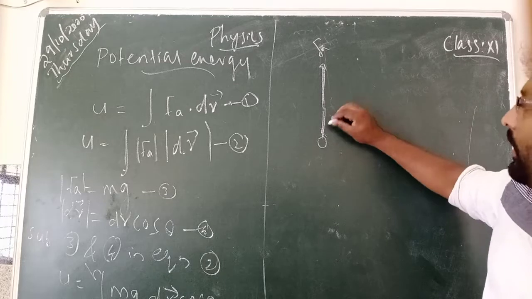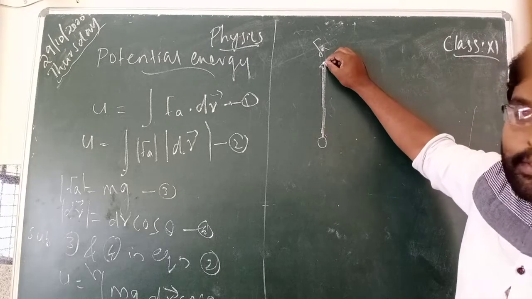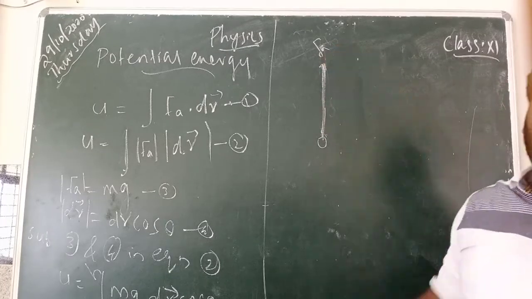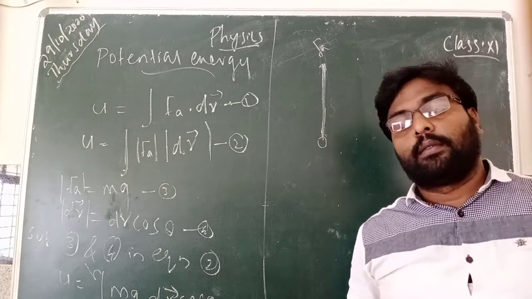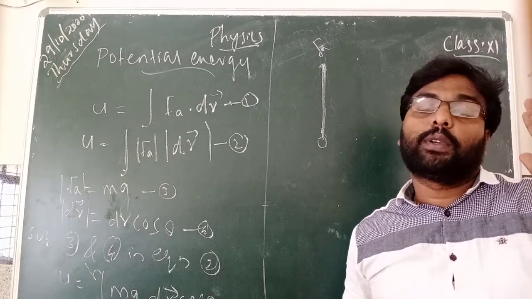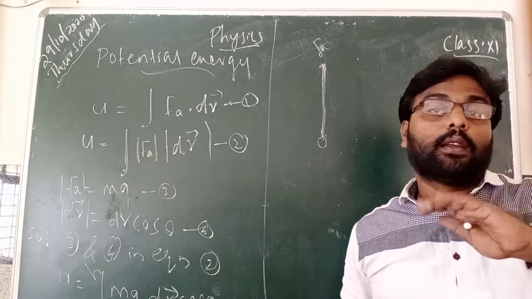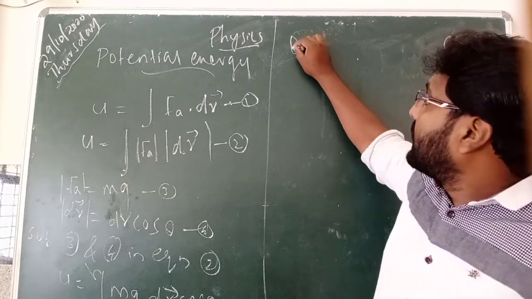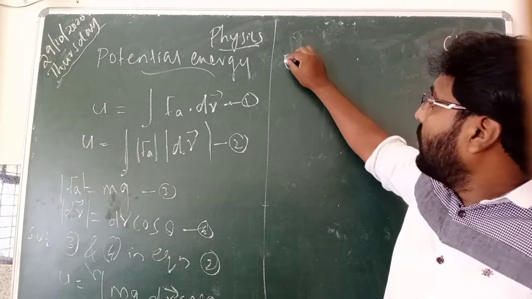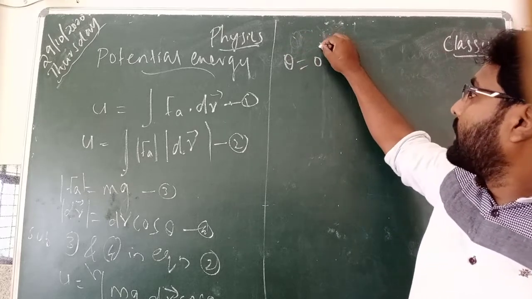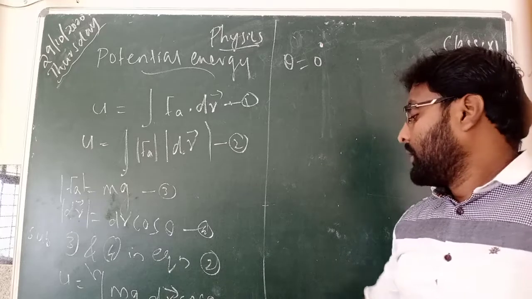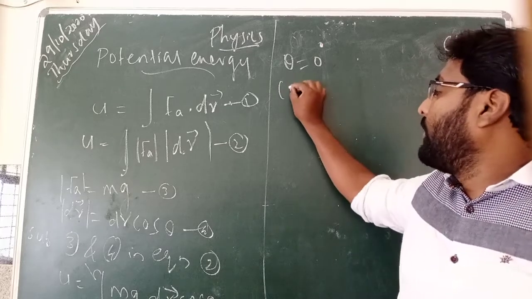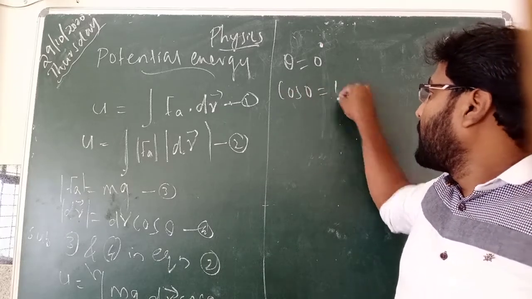But here force and displacement are in the same direction. So force and displacement in the same direction means theta is equal to 0 degree. So theta 0 means cos 0. Cos 0 equal to 1.